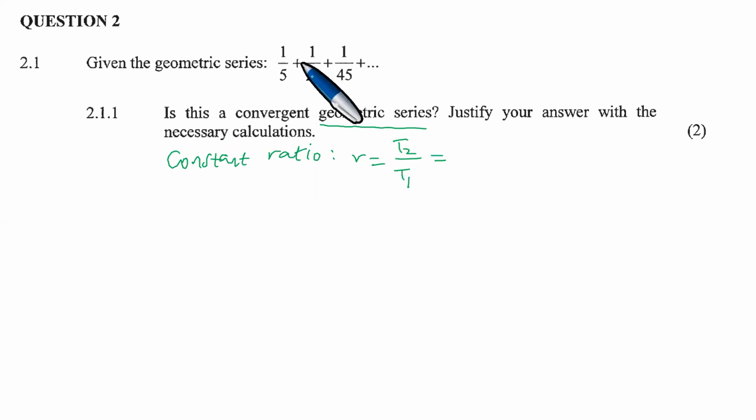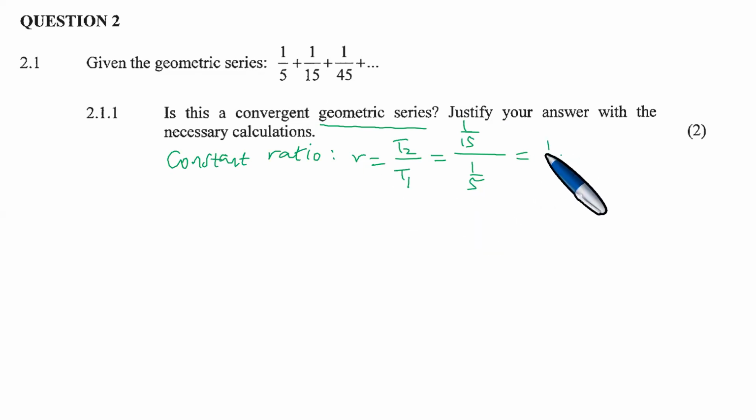Right, so what is the second term? It's 1/15 divided by 1/5, like this. So we continue now.